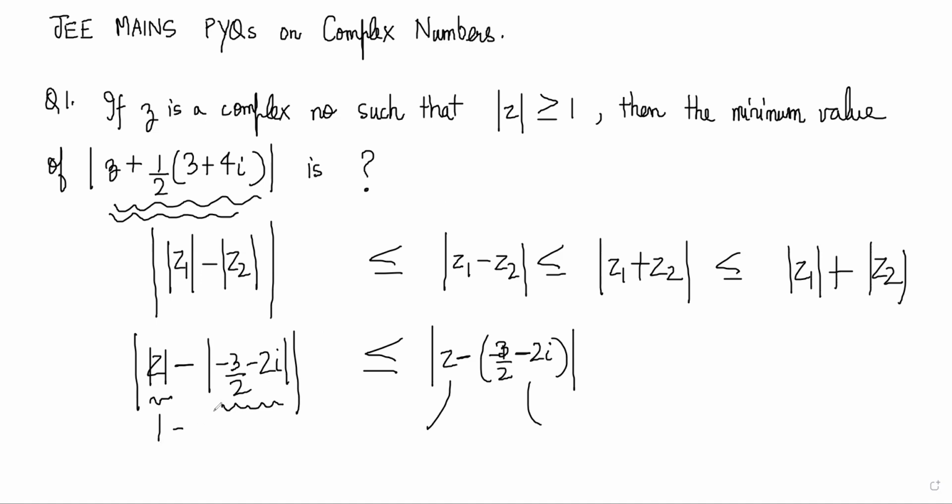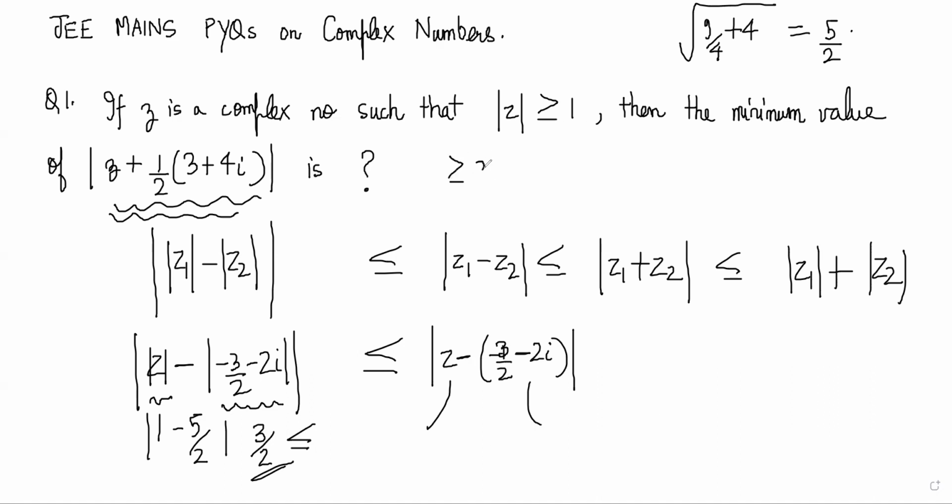So we can directly find it out because we can take 1/2 outside the mod, and mod of 3 plus 4i is 5. 1 minus 5 by 2, you're getting 3 by 2 here. Yes. Okay. So by triangle inequality, we can get that this is greater than or equal to 3 by 2 for sure.